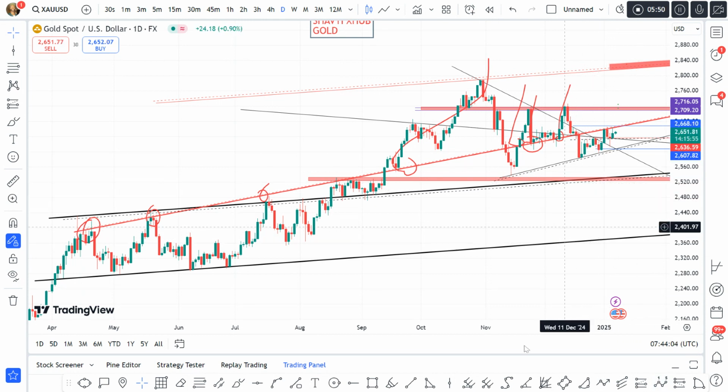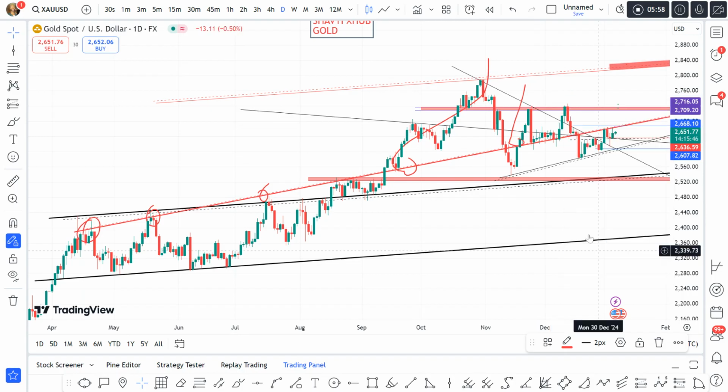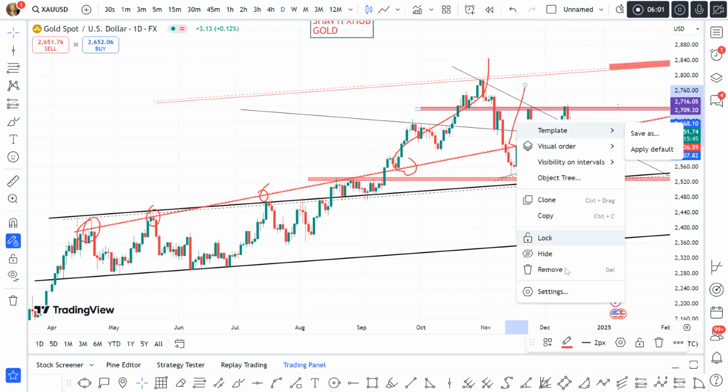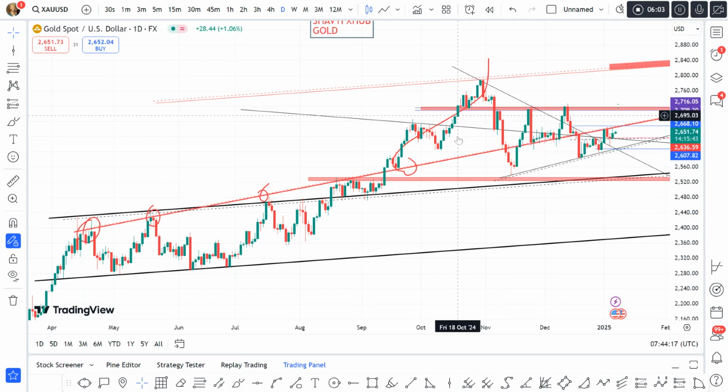But we don't know what it is going to bring. Nobody knows. So let's look at it from the structure of the market so we can see what exactly has happened.